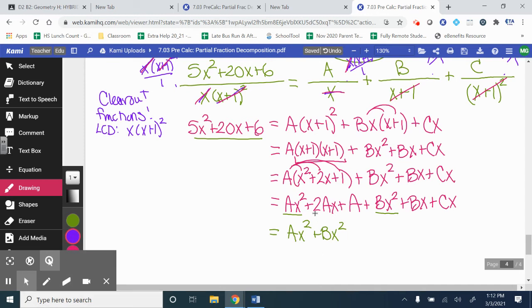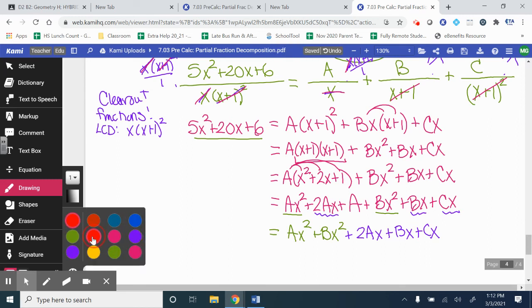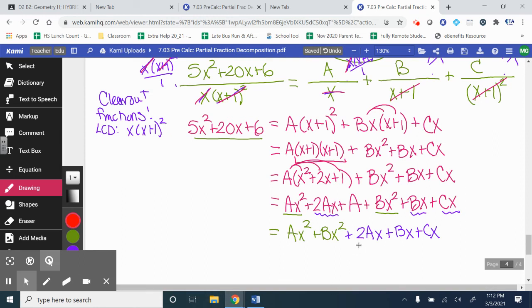I'm going to put that in purple. So this has an x, and this has an x. So I'm going to write that next. So plus 2ax plus bx plus cx. And then let's grab another color. Blue or red, I chose. And really, it's just the A that's left after that one.